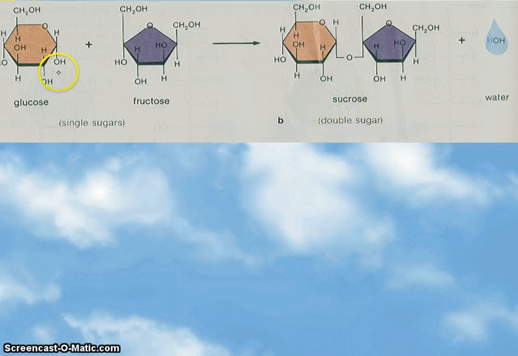And again, we remove that hydroxyl and hydrogen, so we form a water molecule. This process is called dehydration synthesis. Think about that literally: dehydration means we're losing water, and synthesis means we're building up.